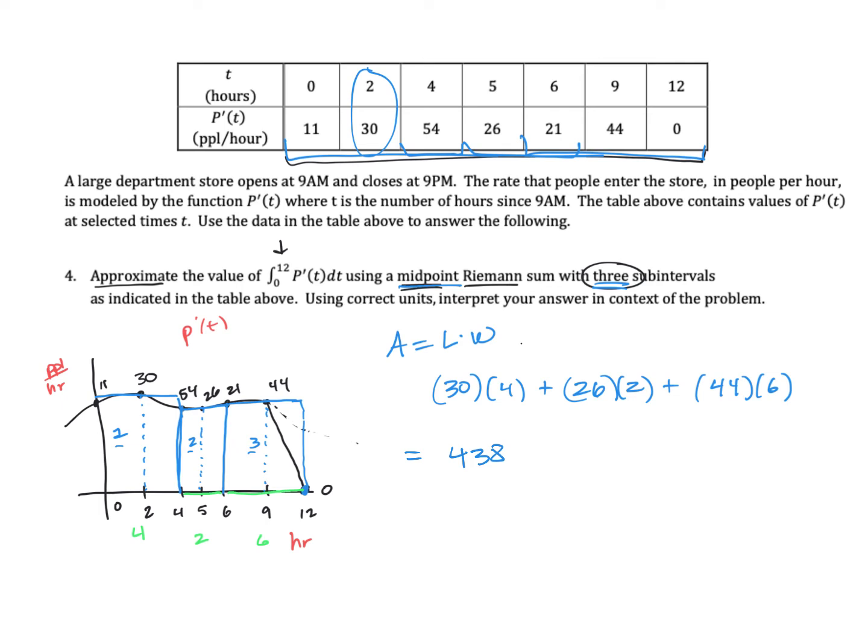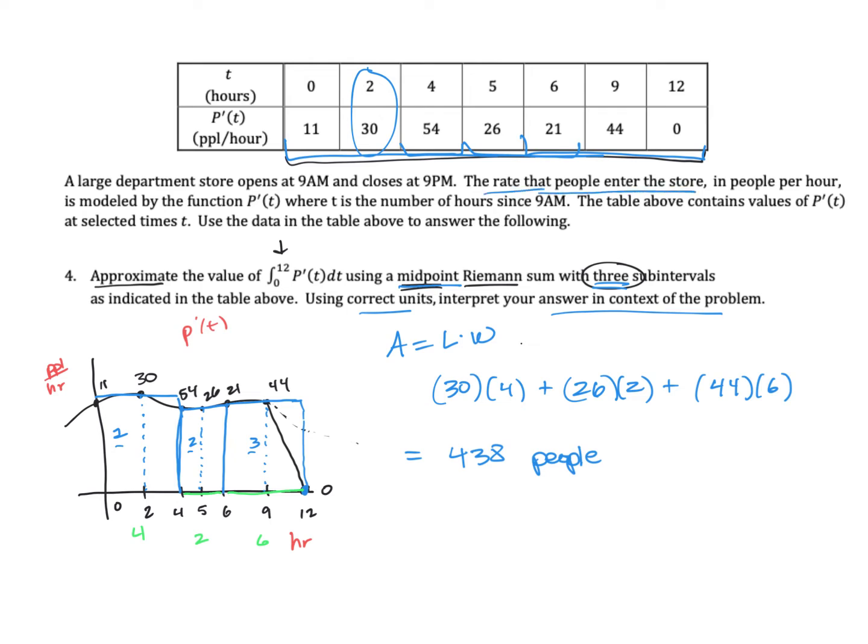Okay, so what does the 438 mean? Let's look back if we want to use correct units and interpret your answer in context of the problem. This was a rate, so it was people per hour. If we go backward, we're actually looking at people. People enter the store. This is the rate that people enter the store.